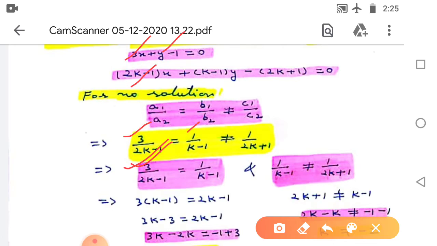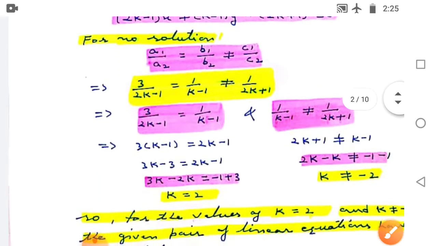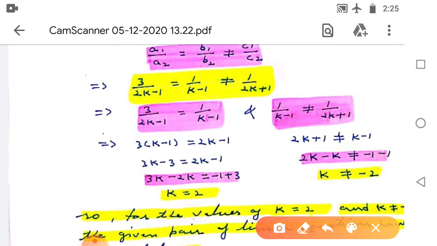And the value of b2 is k minus 1, and c1 is 1, and c2 is 2k plus 1 here, 2k plus 1, because this is a negative sign, negative negative plus, ultimately it cancels, right? So now taking the first two equalities, 3 upon 2k minus 1 is equal to 1 upon k minus 1.